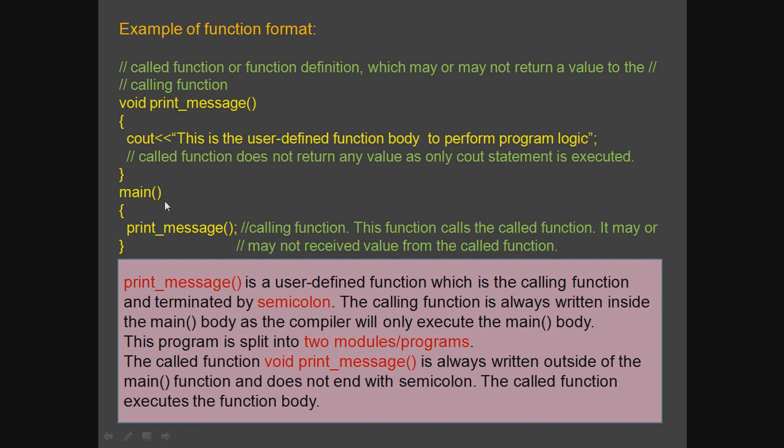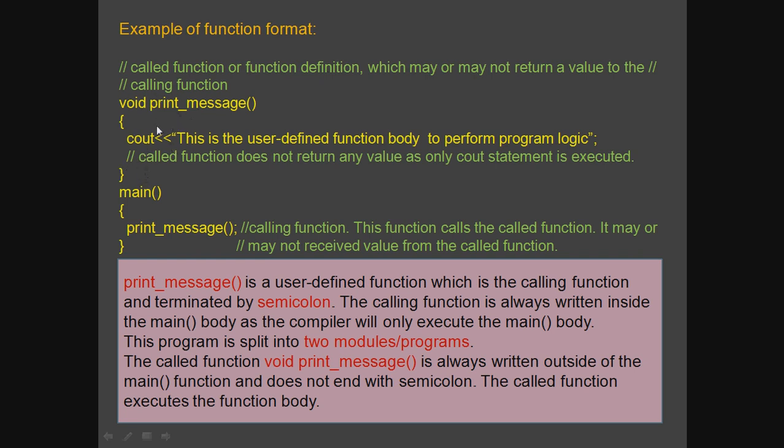Always remember that the calling function is written inside the main function. Why? Because we need to execute the other functions which are written outside of the main function. So using the calling function, the main function will invoke the call function, which is the function definition, where you declare this function and then execute this function body.